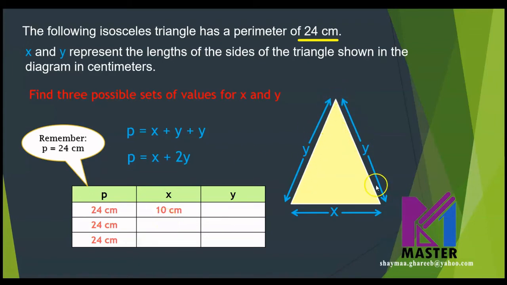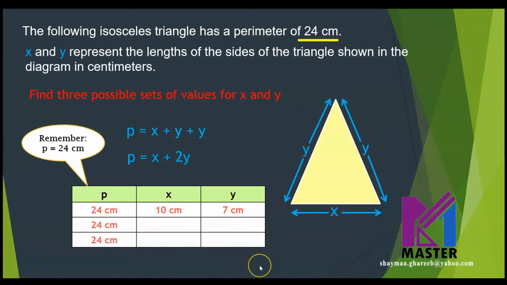If the two sides here equal 14, that means each one of them equals 7, half the 14. Okay? So if x equals 10 centimeters, then y, which is one side, equals 7 centimeters.